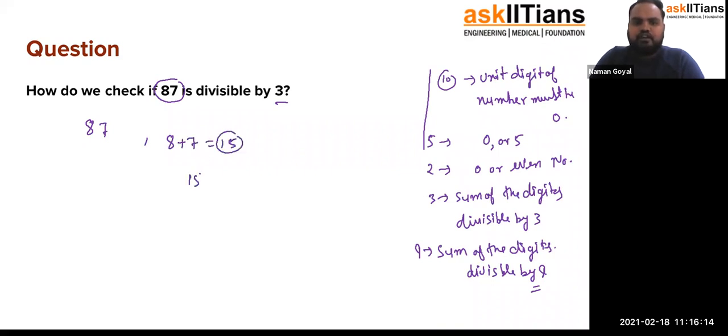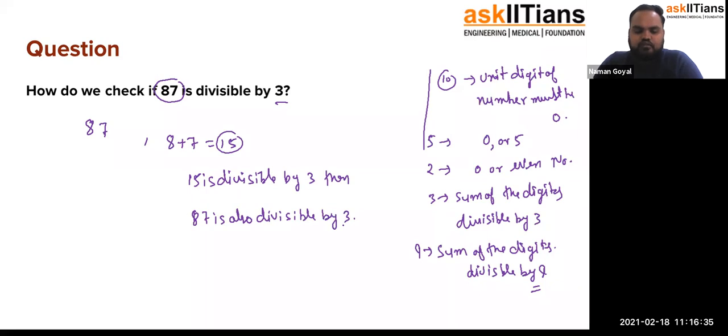Now we know that 15 is divisible by 3, so 87 is also divisible by 3, right? We can do these types of questions.